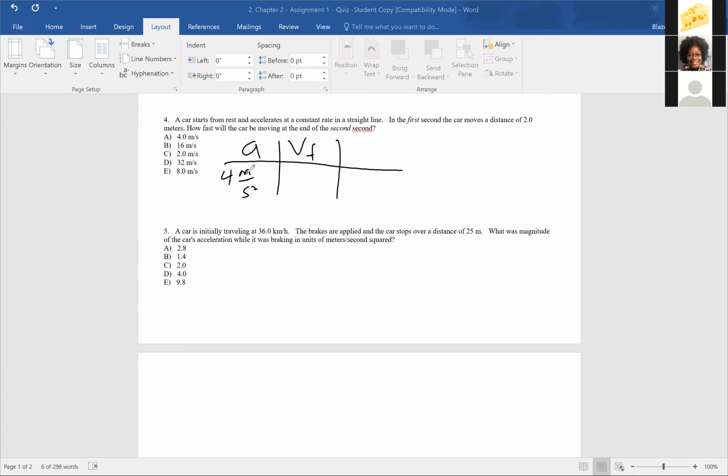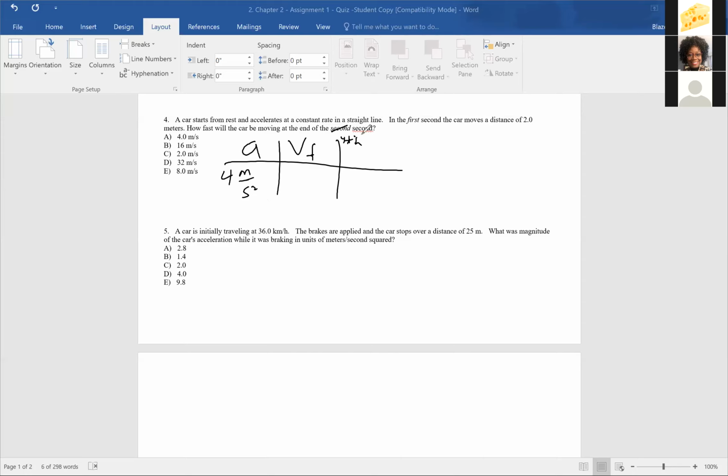So if I ask you how far the car will be moving at the end of, let's just say the 4th second, you can solve it now, because you see that it's increasing its speed 4 meters per second every second.